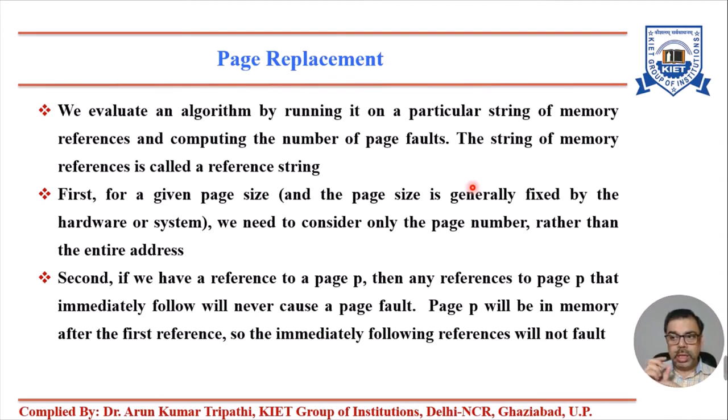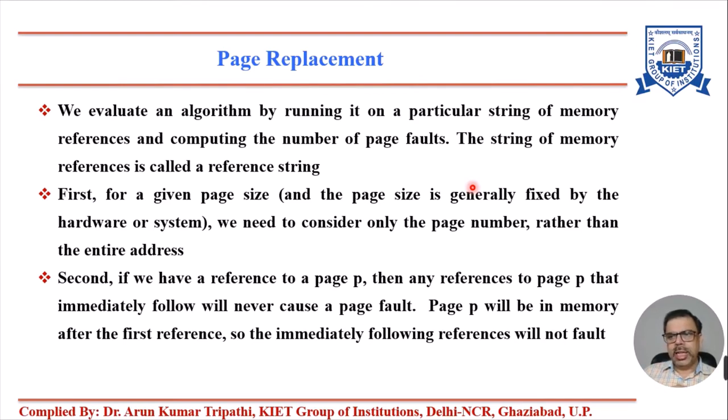So the operating system will stop the execution and meanwhile hand over the control to another process and bring the page into the main memory. Before bringing the page into the main memory from the secondary memory, it has to find whether there is any empty slot, that means an empty frame, or not.